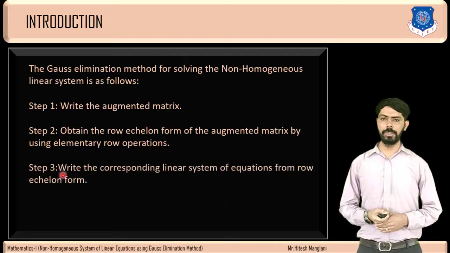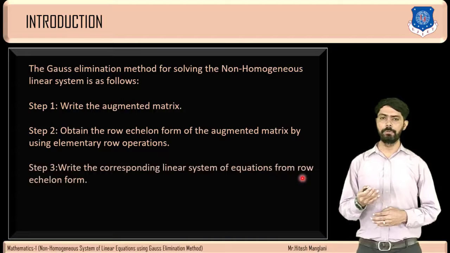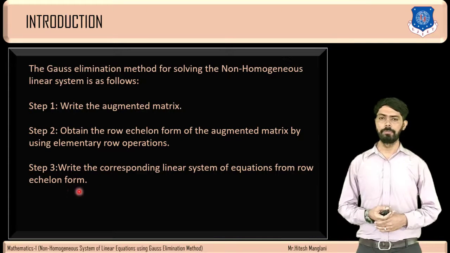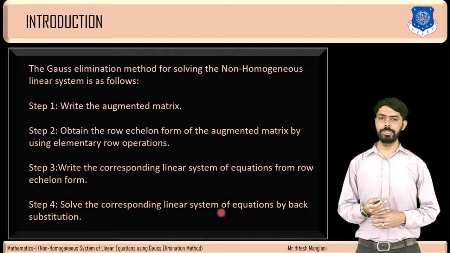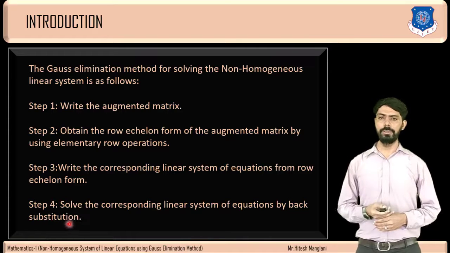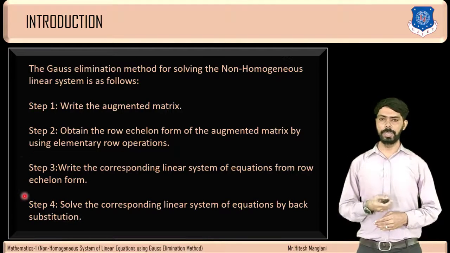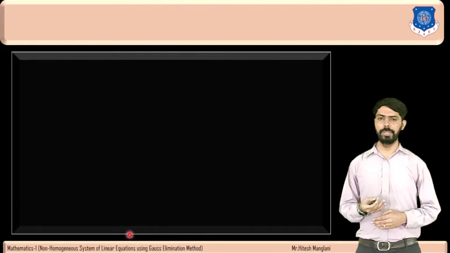Third step, write the corresponding linear system of equations from the row echelon form. And fourth step, solve the corresponding linear system of equations by back substitution. So we will apply these four steps in an example. So this is how Gauss elimination method is applied.